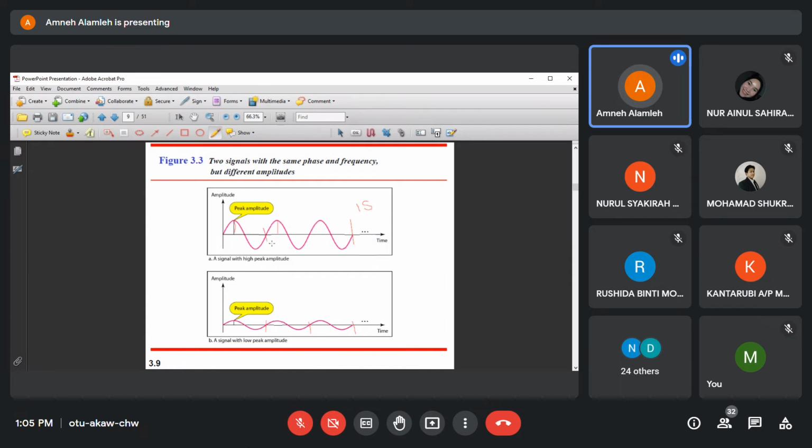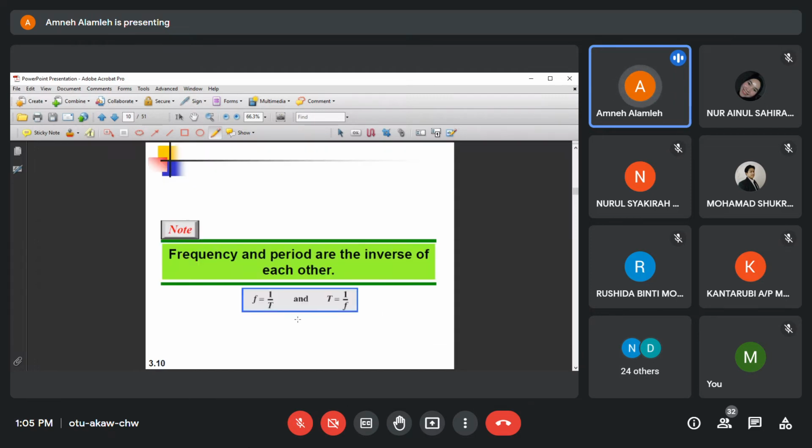This is 1 wave. This is 2 and 3. So the frequency is 3 hertz in 1 second. And it's the same frequency in the other.